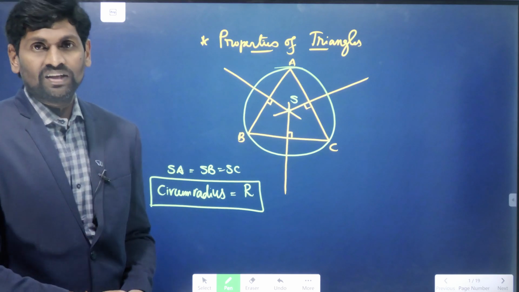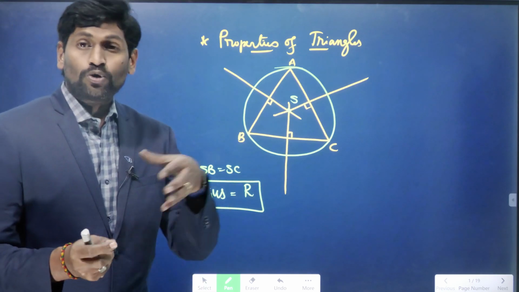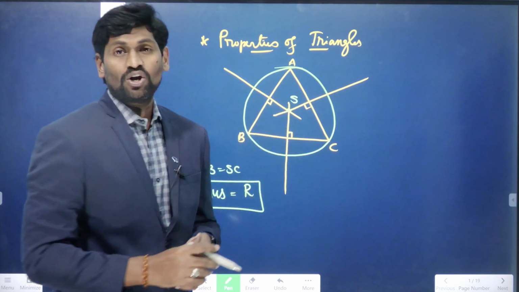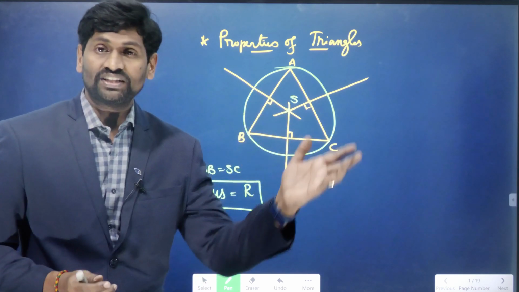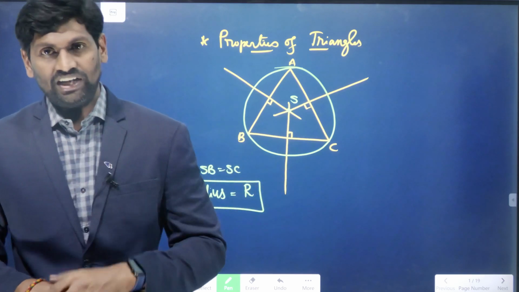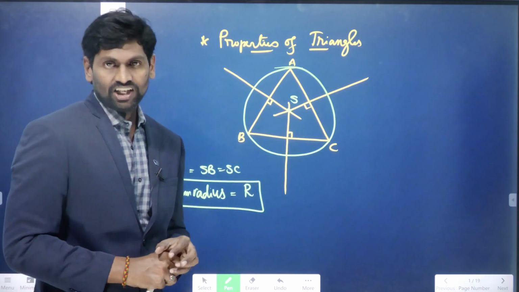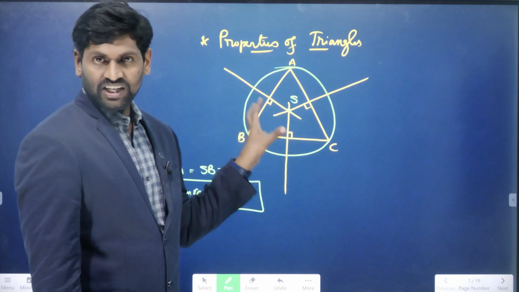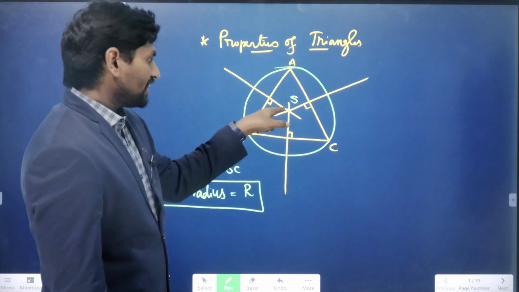In case you take a quadrilateral having four vertices on a circle, that type of figure is called a cyclic quadrilateral. Here the triangle is there, no? This is called the circumcircle. And how is the center formed?